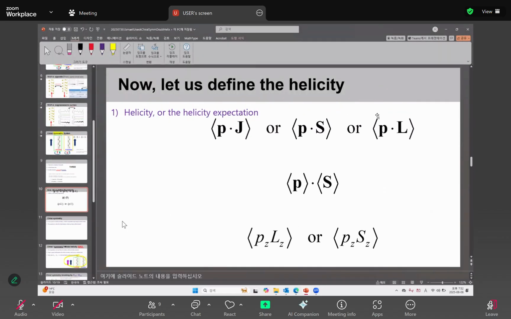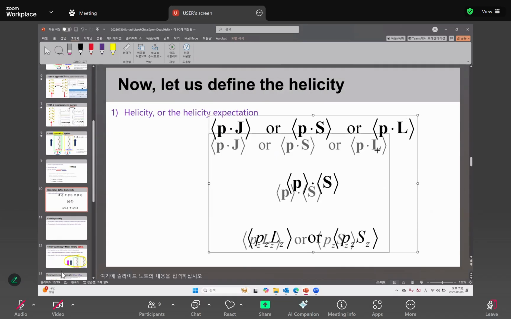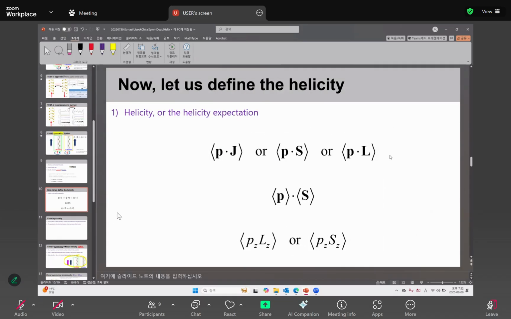Do you see my screen? Yes. What Ali is asking is that, using Octopus, should we calculate this one, or should we calculate this one?